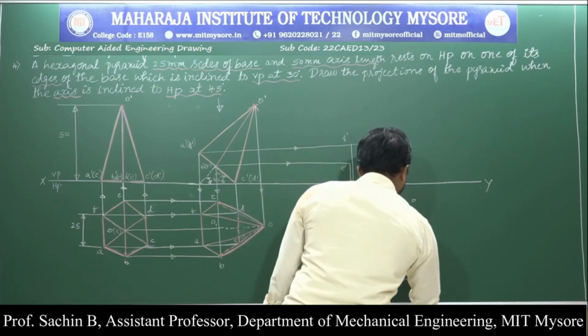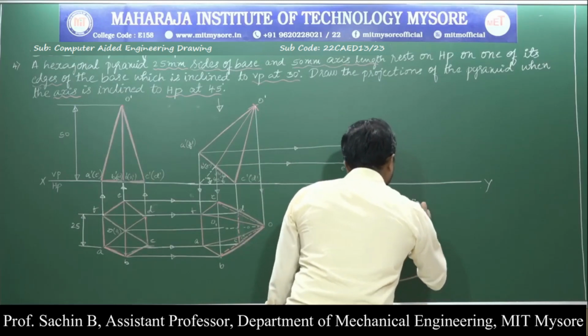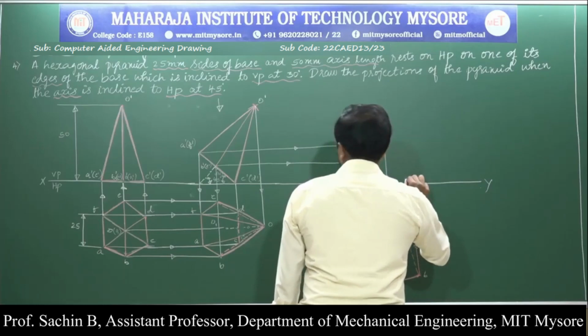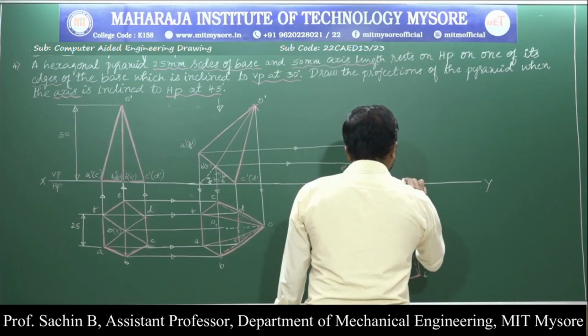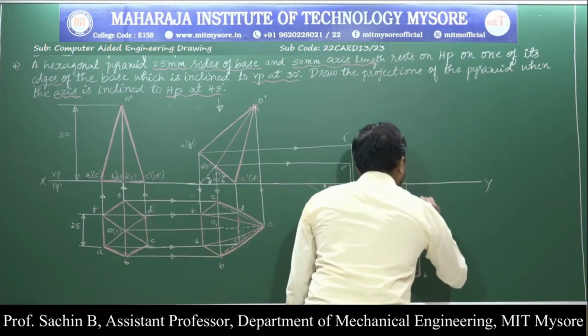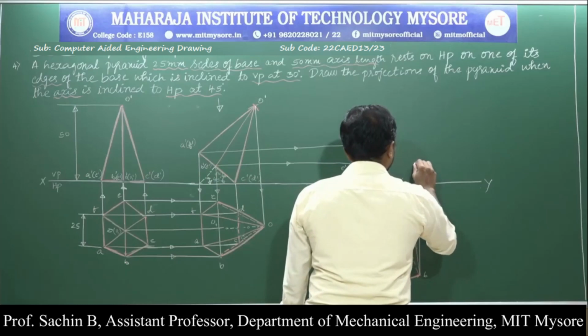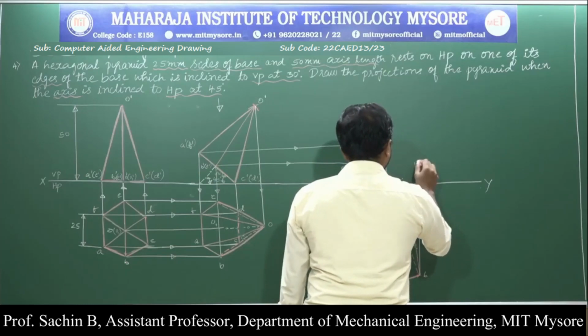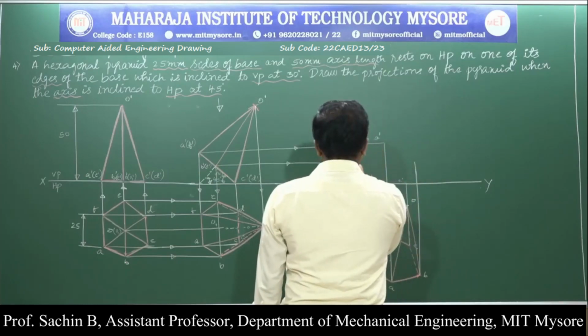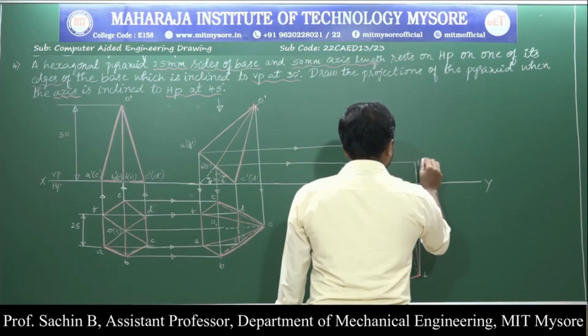Again from C point, I am extending the projection line. C is exactly here. Again from B point, I am extending the projection line. This is B dash.